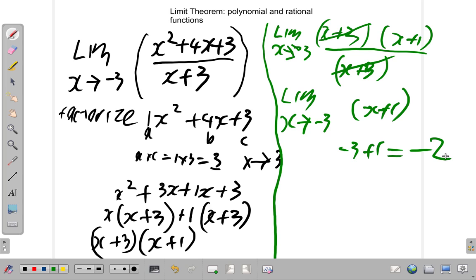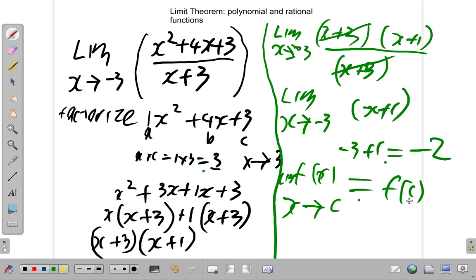So this theorem states that as x tends to a number c, the limit of f of x is equal to f of c.